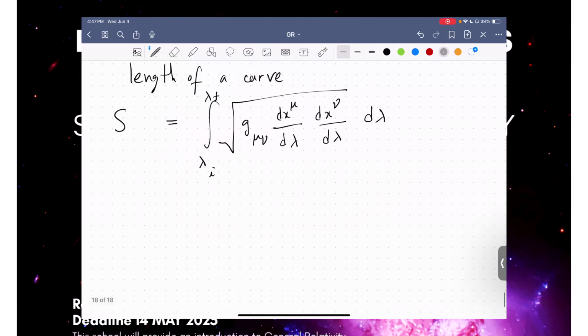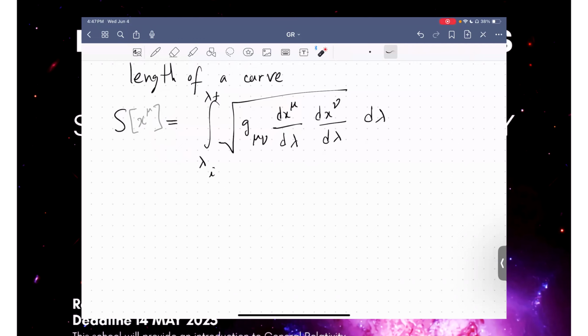Recall that the paths are just a set of functions x mu of lambda, right? So this S is really a function of these x mu's, which themselves are a function of one parameter. So this is basically variational calculus.